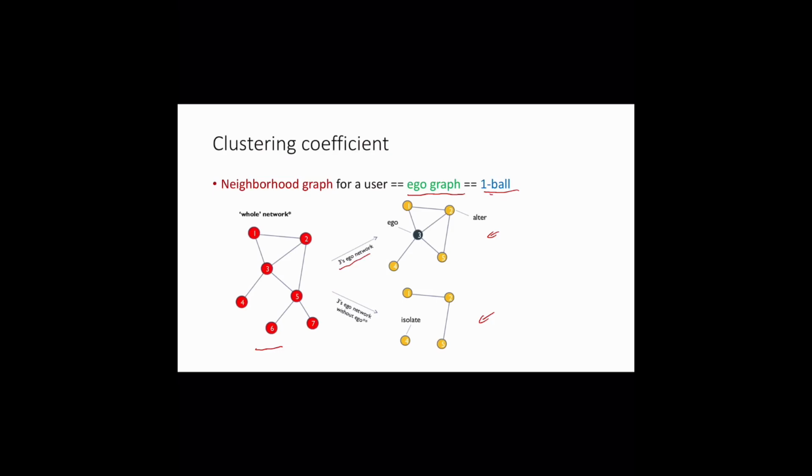Since the subgraph includes only the ego and his friends. Actually, the neighborhood graph does not include the ego, so the precise definition that this paper uses is this one. With the neighborhood graph defined, we can compute the clustering coefficient.